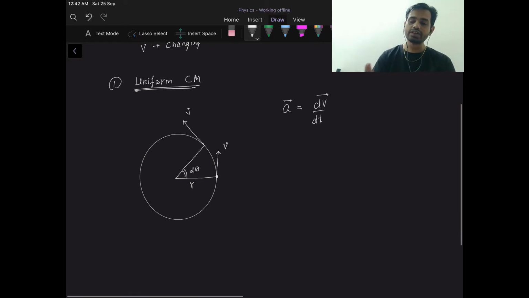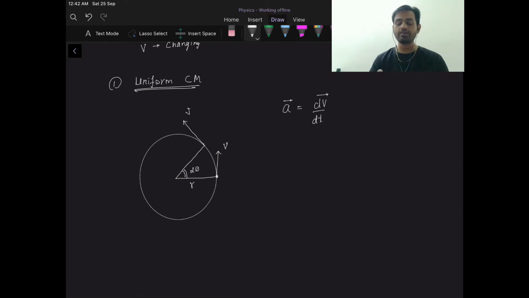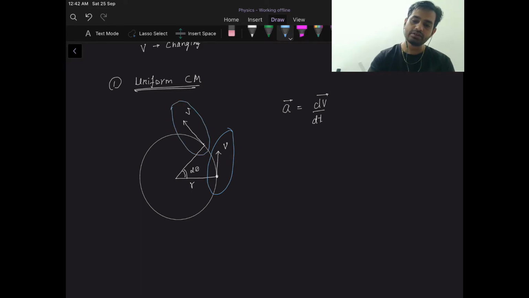Now let us try to identify the value of dv by the geometrical method. We know one concept, that vectors can be shifted parallelly in space. As you can clearly see, at this point this is the initial vector and this will be the final velocity vector.